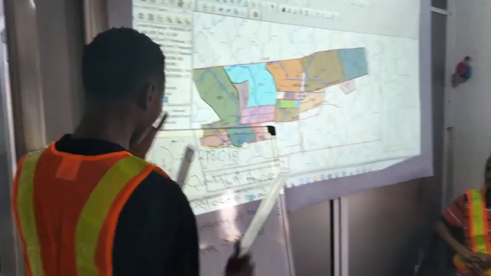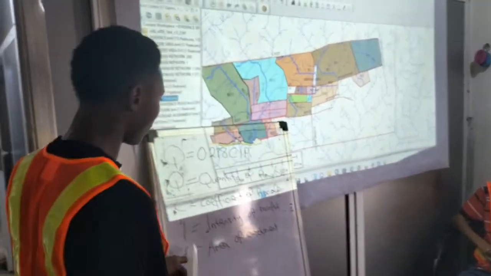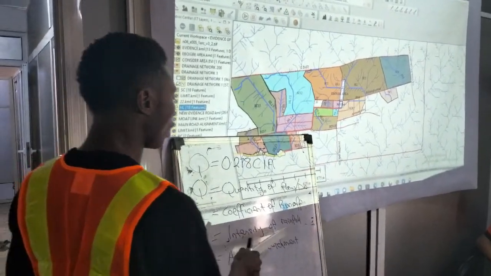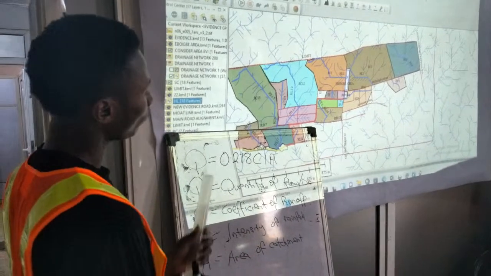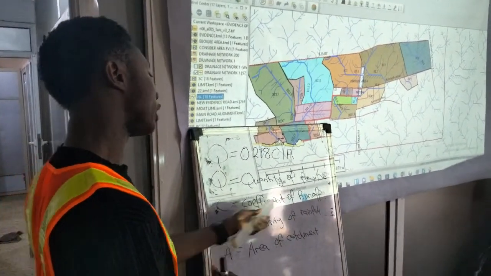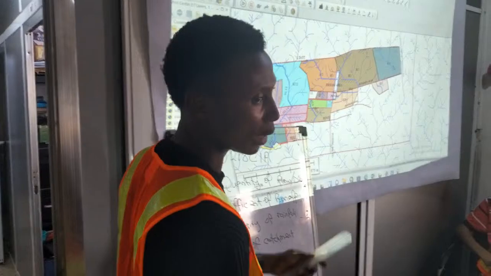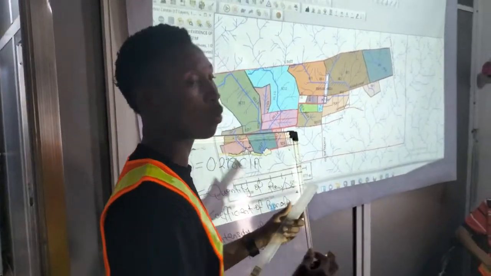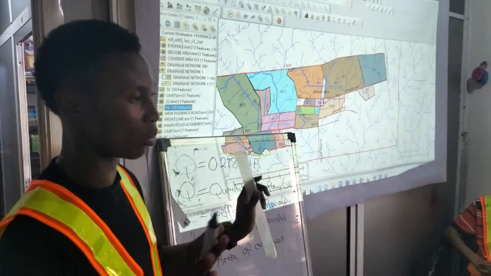So now, the area of this catchment is taken into consideration. Then I, the intensity of rainfall. Then we have our coefficient of runoff. We are going to calculate all that. But with time, we're just going to have a brief run into how we can solve our problem. That's what matters to us right now. Fine.